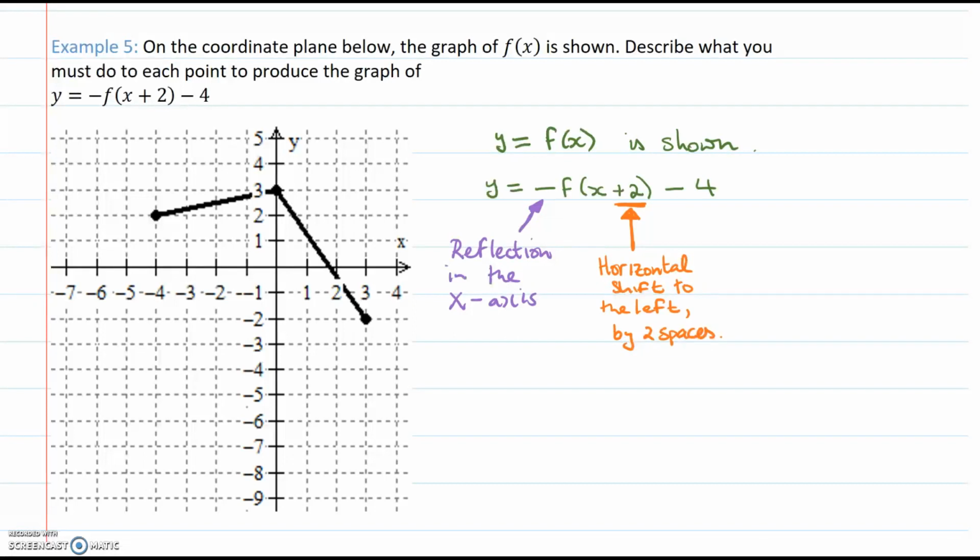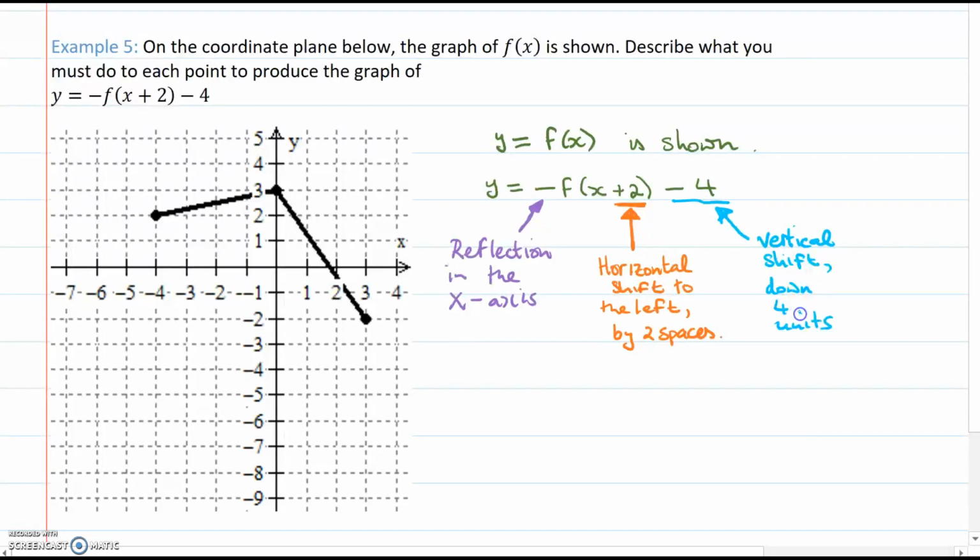And then the minus 4 on the end is going to be a vertical shift down 4 units.